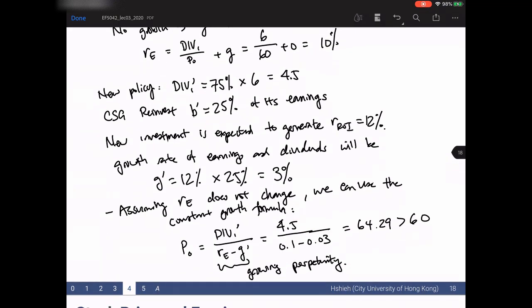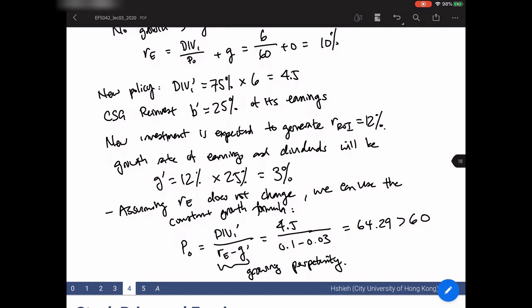Okay, so what we have essentially done is found a way to incorporate the mechanism through which investments can lead to changes in the growth rate and therefore impact the price of the stock. Over the next few slides, we will try to formalize this relationship, and again provide as much intuition as possible and relate this to a common ratio that you've seen in newspapers and so forth, specifically the price-earnings ratio.